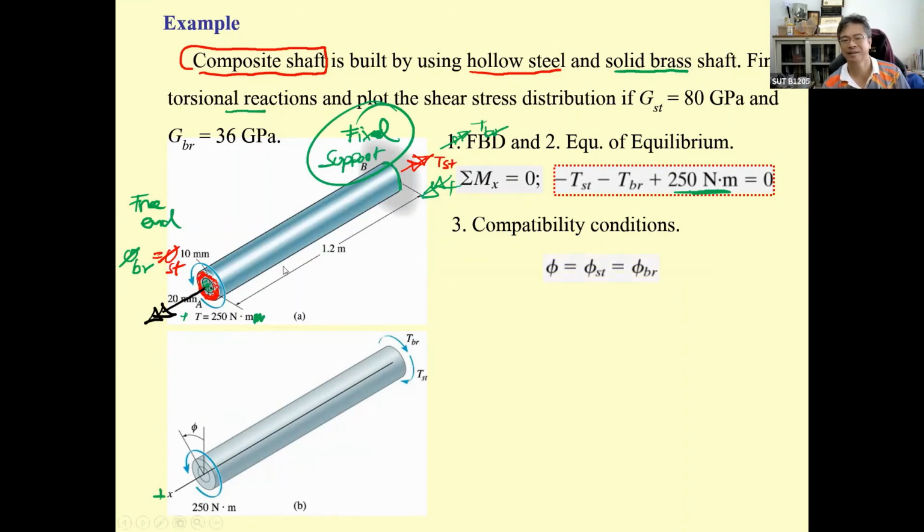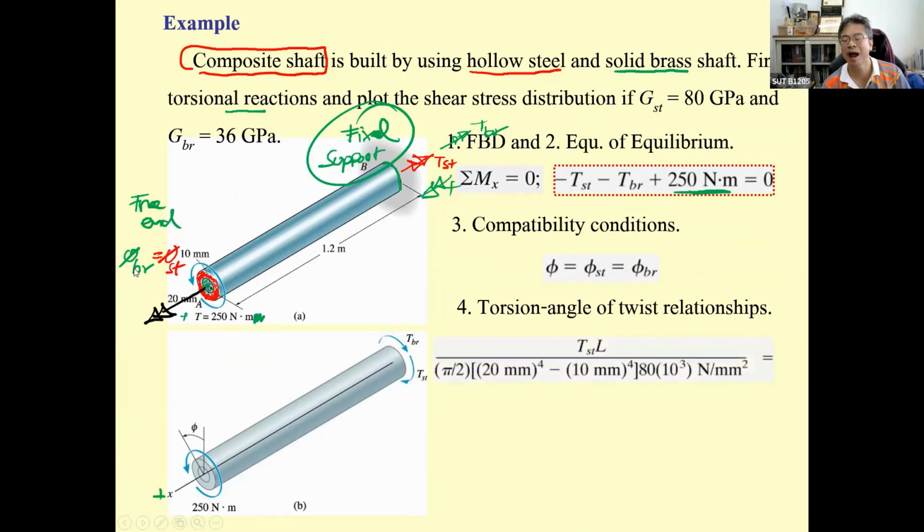So putting in the torsional angle, for phi of the steel, the J will come from the hollow section, but for phi of the brass, the J is the solid section. So beware of that. And the L is going to be the same.